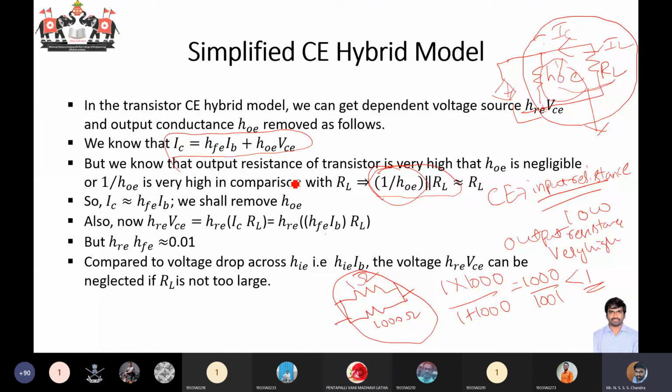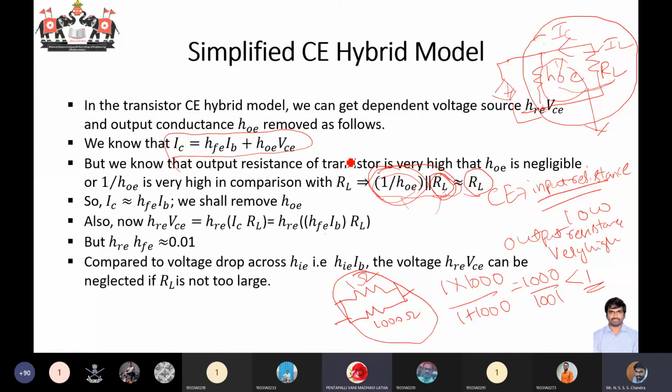Okay. So I have a large value, 1 by HOE is a very large value, and another load resistor RL. When I connect these two resistors in parallel, your effective resistance will be near to the smallest value. Among these two values, which is the smallest? RL. So your effective resistance will be almost near to RL.